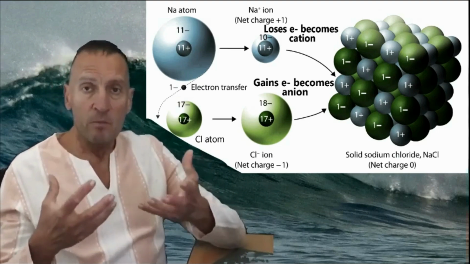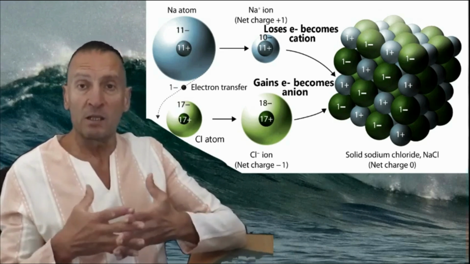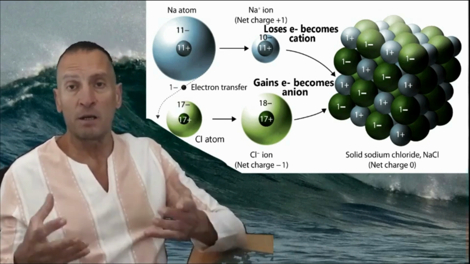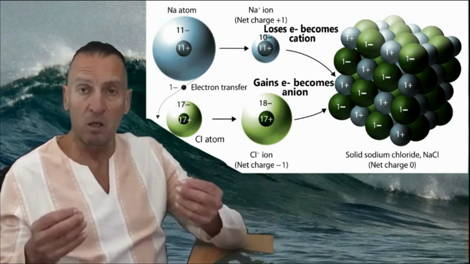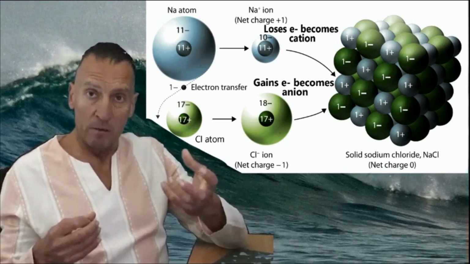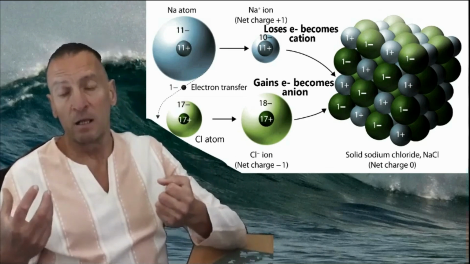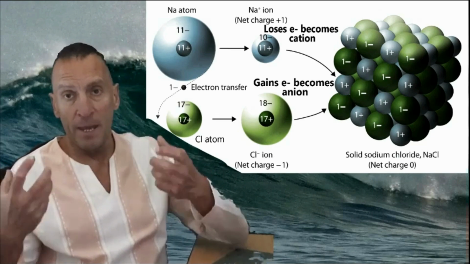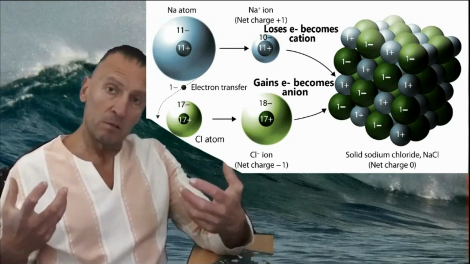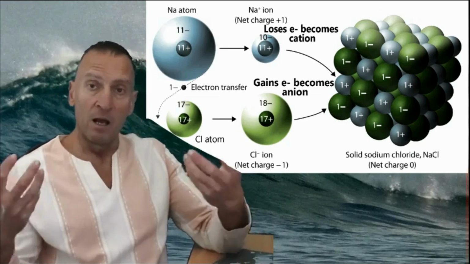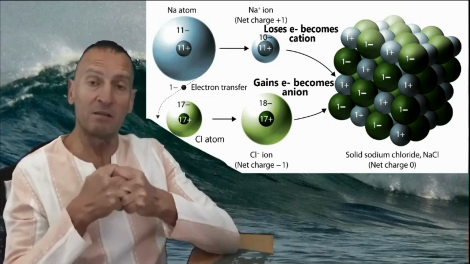This is called ionic bonding, and we can see ionic bonding with sodium chloride, basic table salt. The sodium loses an electron and the chlorine gains an electron, and now the chlorine gets negative and the sodium gets positive, and they unite, and this bond is very, very strong.